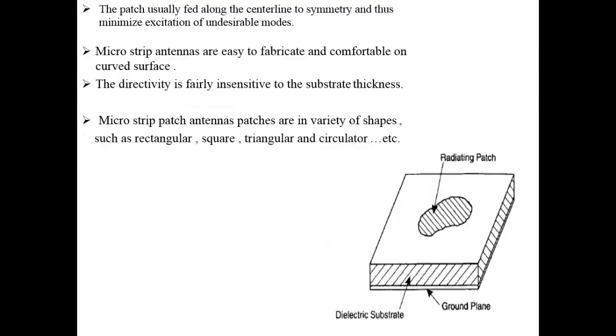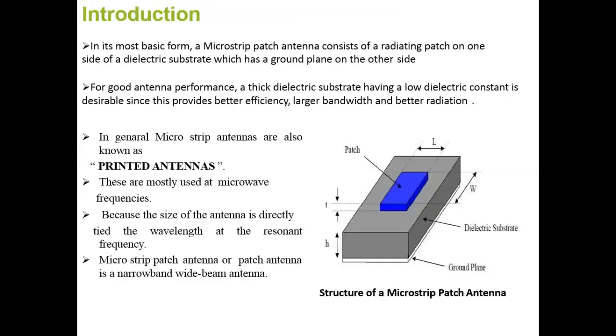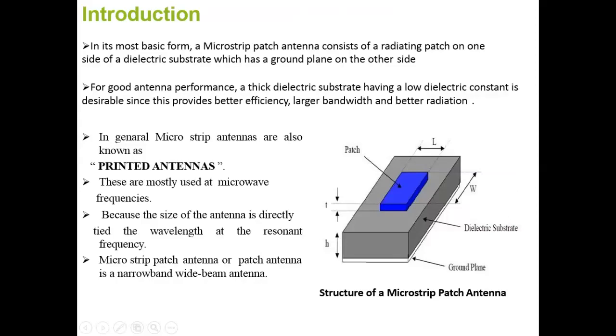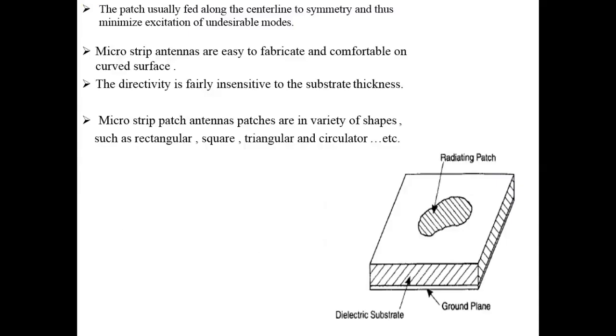Next, the patch is usually fed along a microstrip line. Microstrip antennas are easy to fabricate and compatible with curved surfaces.